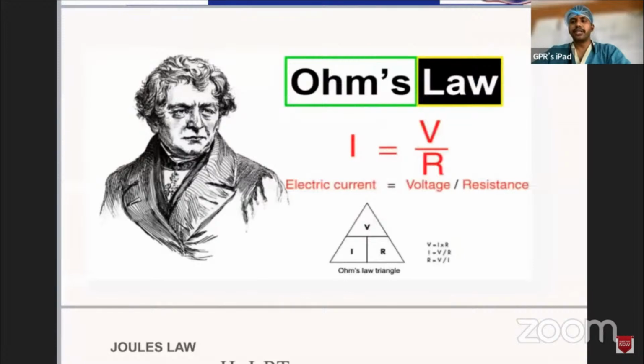Ohm's law is something we have to understand before going further: voltage is directly proportional to the current and the resistance. The current is directly proportional to the voltage and inversely proportional to the resistance. When the resistance is more, the intensity of current going will be comparatively less.